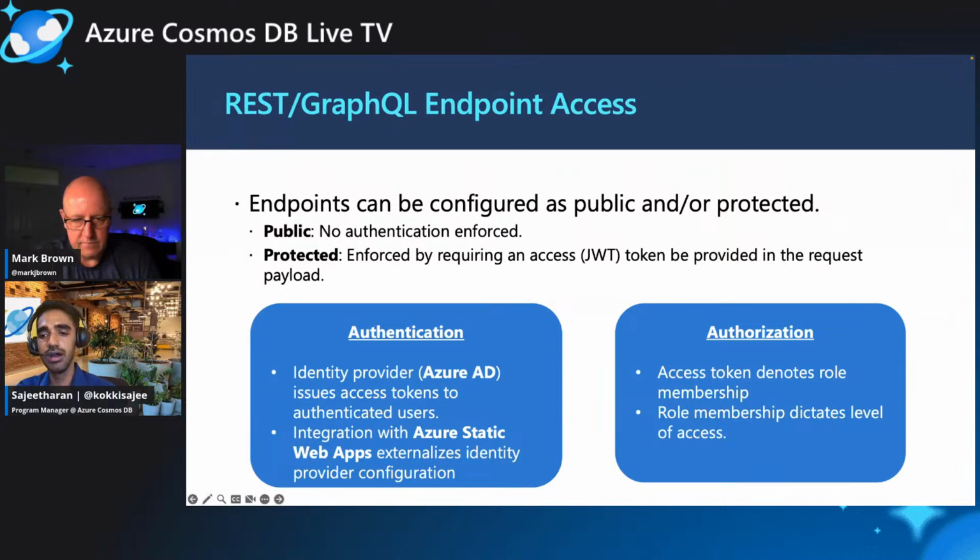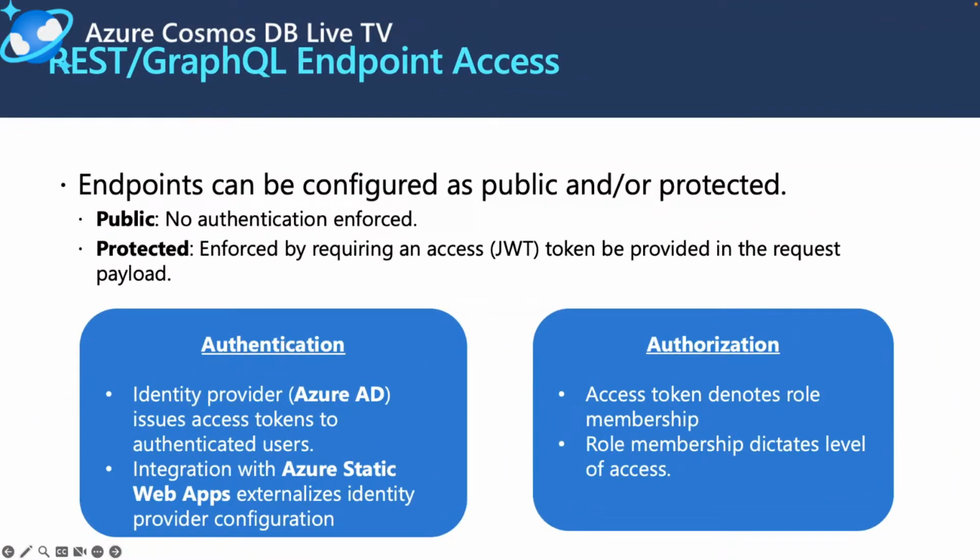We are just depending on the authenticated user metadata that is passed from the static web app. That's the functionality Data API Builder provides. Additionally, on the authorization side, the access token contains different information, which I spoke about earlier, such as role membership information or users which are defined at the identity provider level.